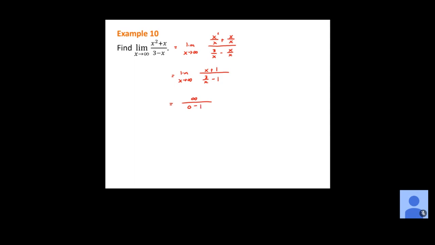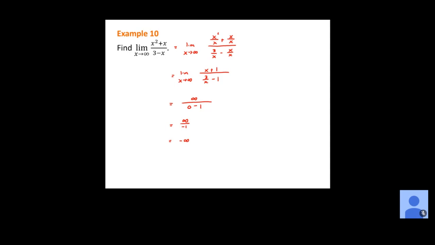So now when we simplify this, what are we going to get? Negative infinity, right? Because we end up with an infinity over a negative 1. And so this actually simplifies then to negative infinity. So that overall limit of that original function as x approaches positive infinity is actually going towards negative infinity now.